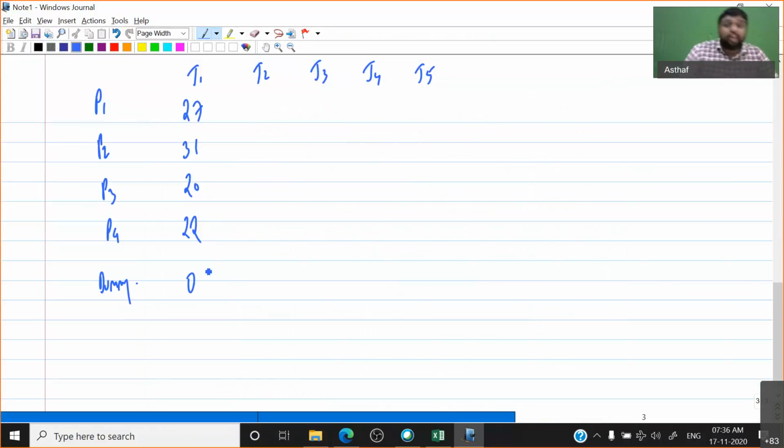We know the value of dummy will always be 0. 18, 24, 17.